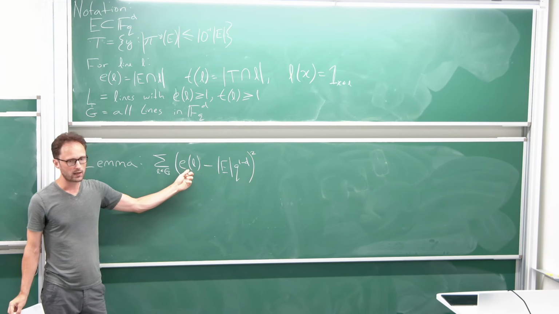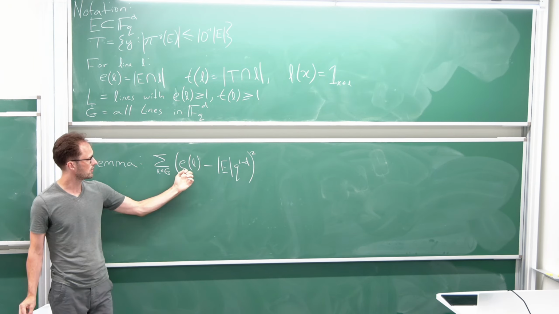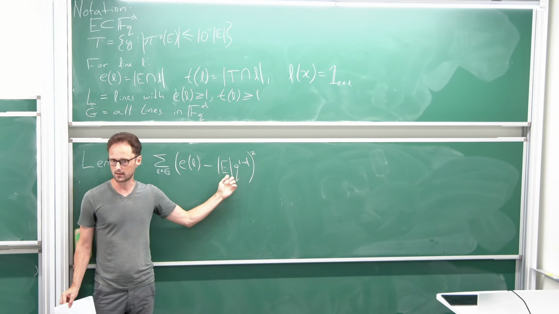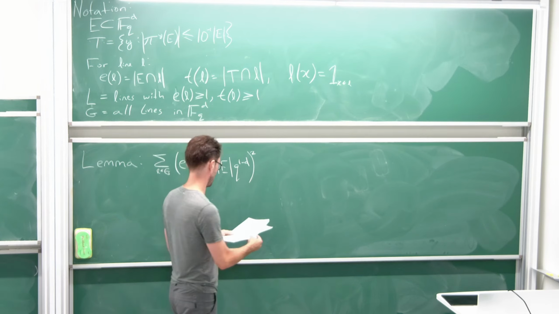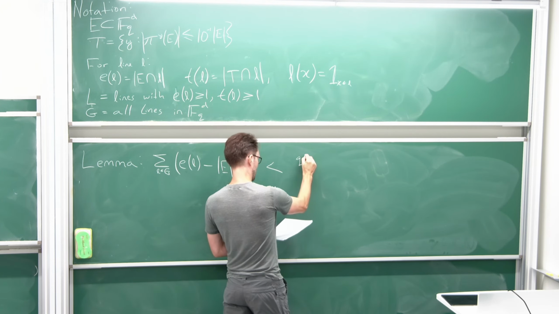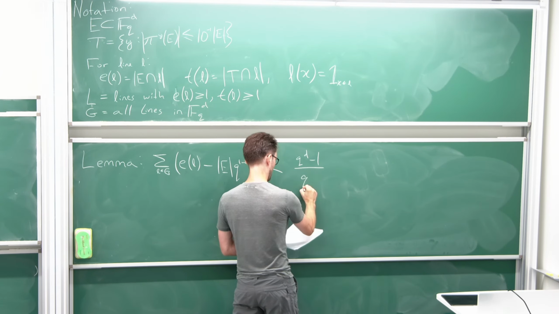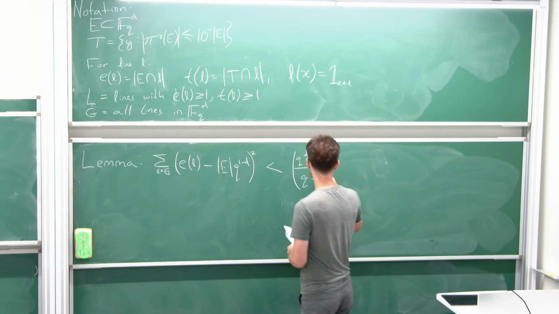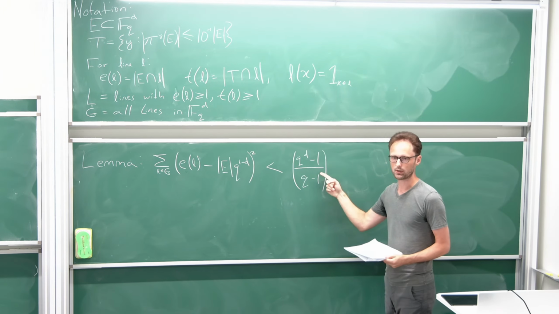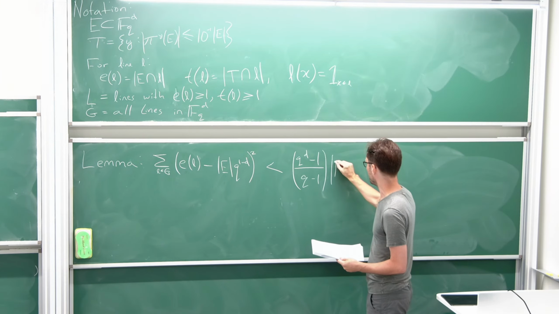But E is not a random set, and what we're doing is taking the sum over all lines in space of the difference between the number of points actually on that line and the average number. So this is kind of like a variance. We get the following upper bound on that: q to the d minus 1 over q minus 1, which is just the number of lines through the origin, so the number of one-dimensional subspaces, times the cardinality.